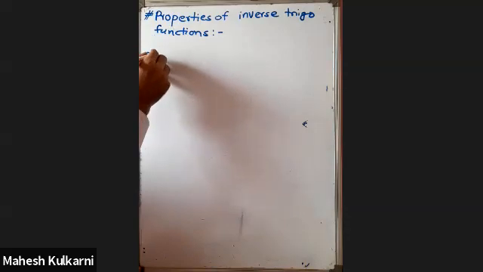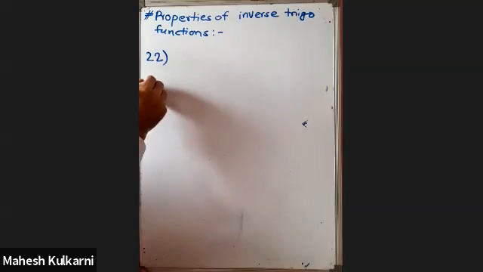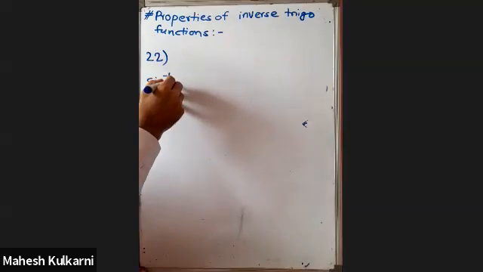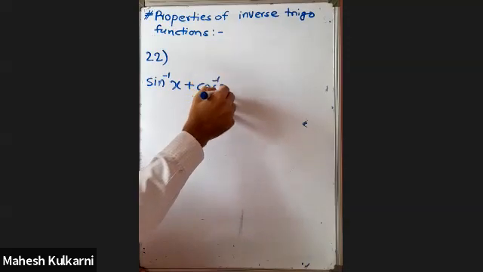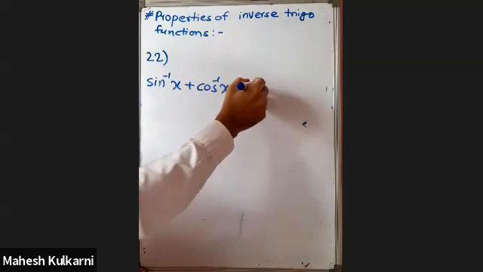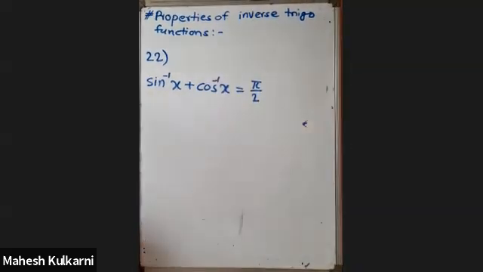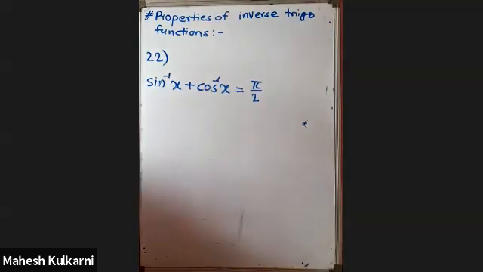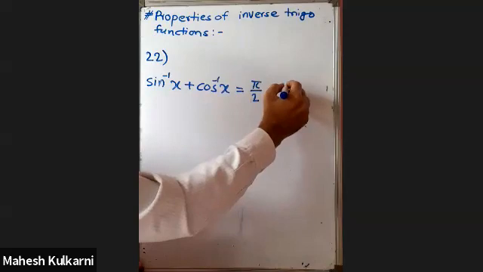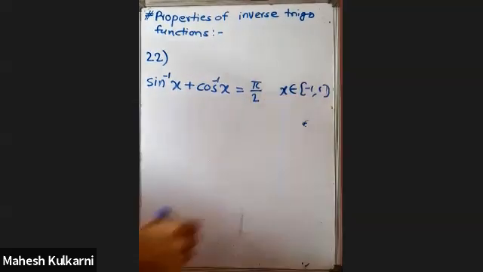Now, next property. Sin inverse of x plus cos inverse of x is equal to pi by 2, where x is again in the permissible interval minus 1 to 1.